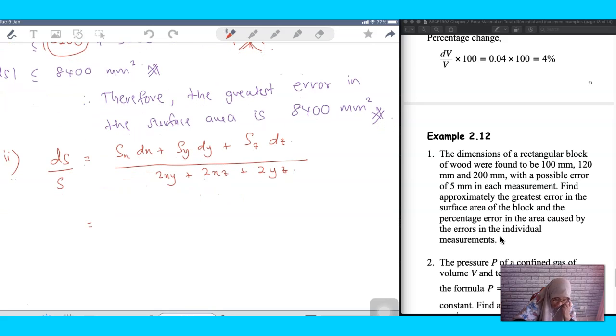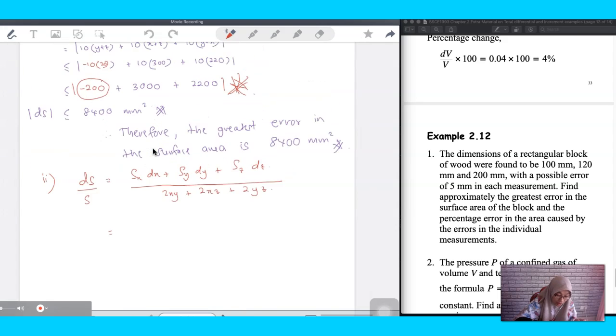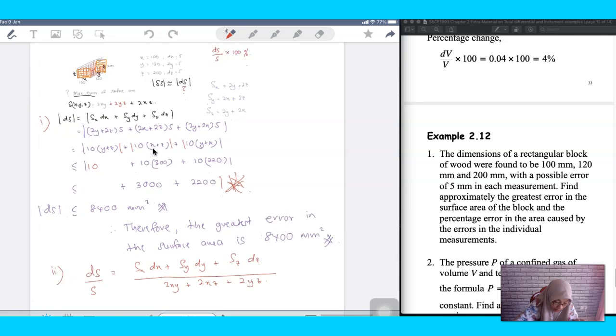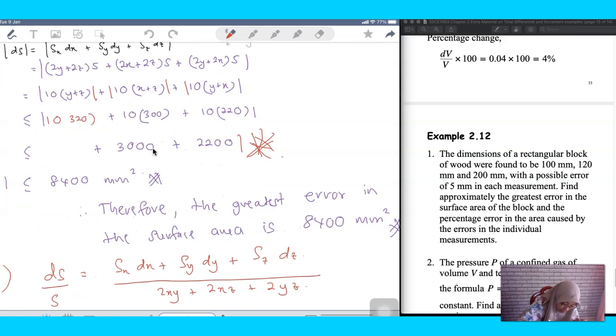From the above, we already computed sx dx, sy dy, and sz dz, and because all the terms are positive, from the previous answer, you have this, this, and this. So you have 10 times y plus z, which is 320, so you will get 300 and 2200, and your answer is 8400.